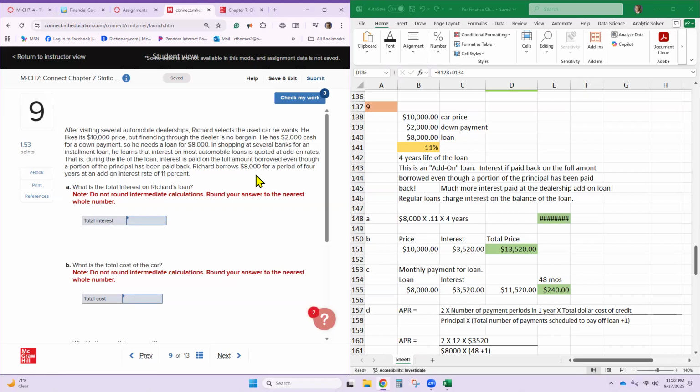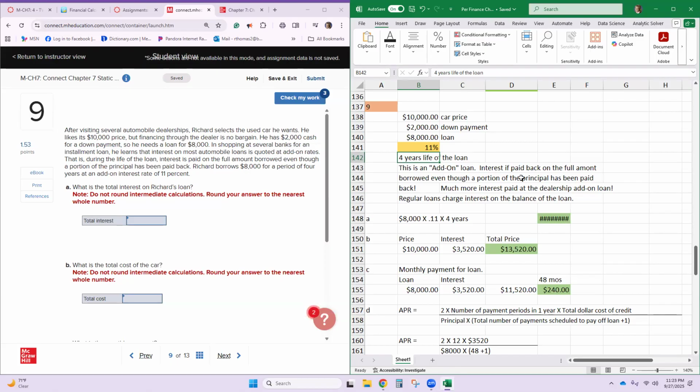Okay, taking one thing at a time. Let's write down what we have. We have a $10,000 car price. We have a $2,000 down payment. That leaves us with an $8,000 loan. The add-on interest is 11%, and the loan has 4 years. This is an add-on loan.